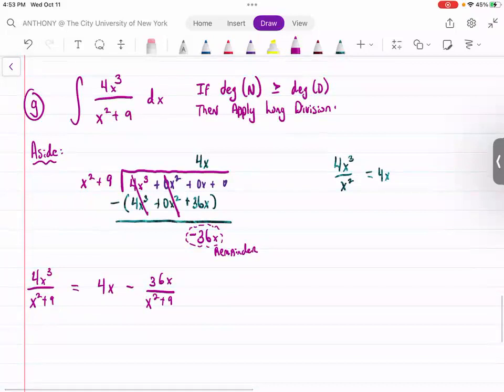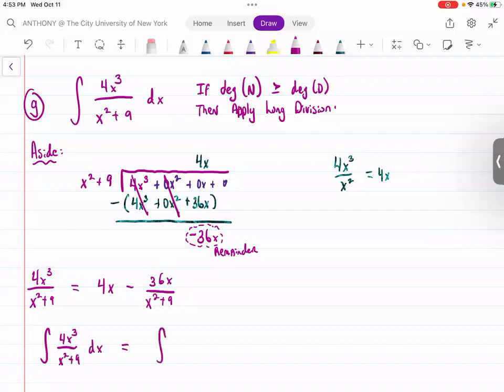So the original integral was 4x cubed over x squared plus 9 dx. By long division, we now have the integral of 4x minus 36x over x squared plus 9 dx.